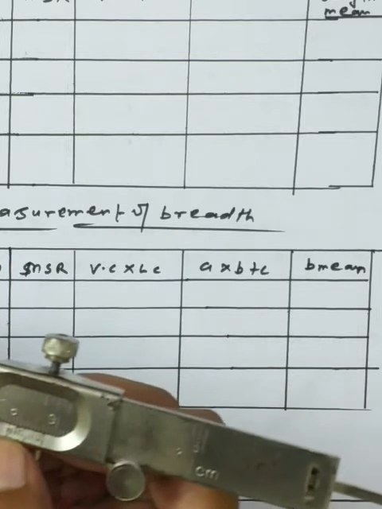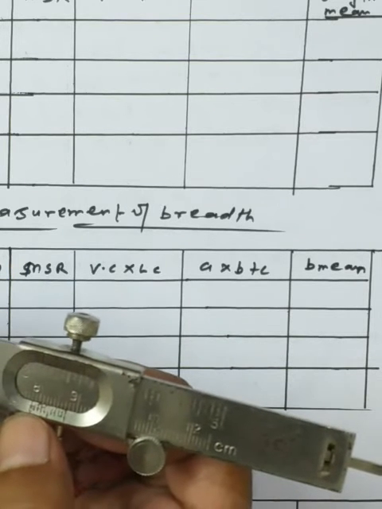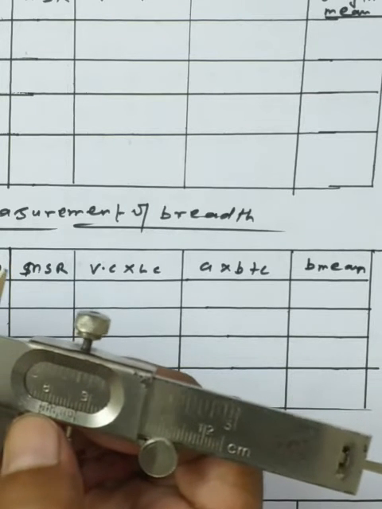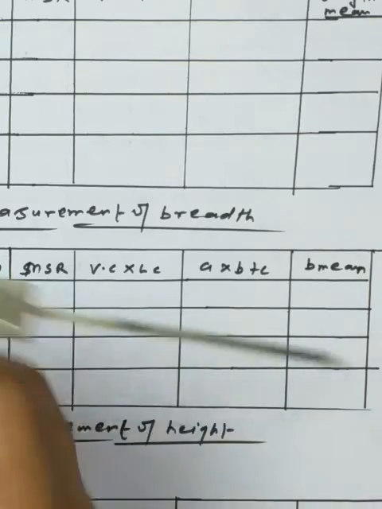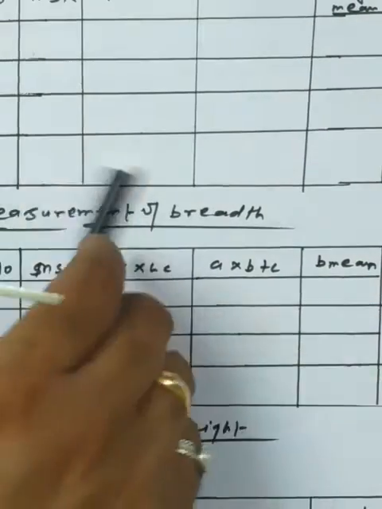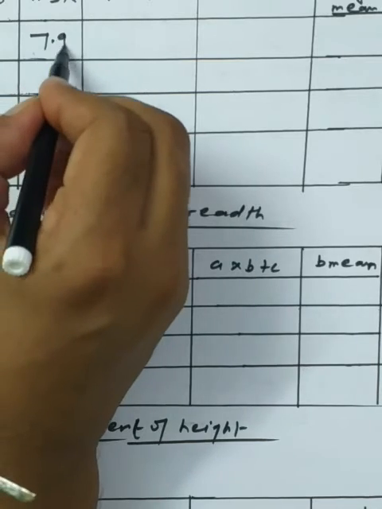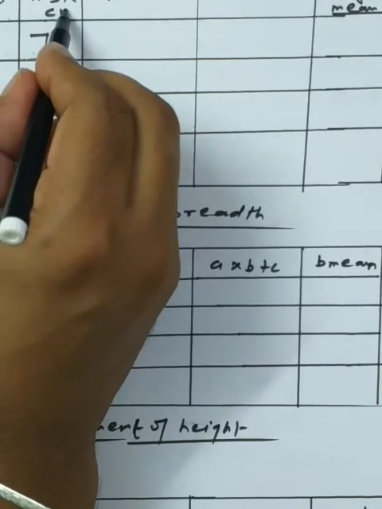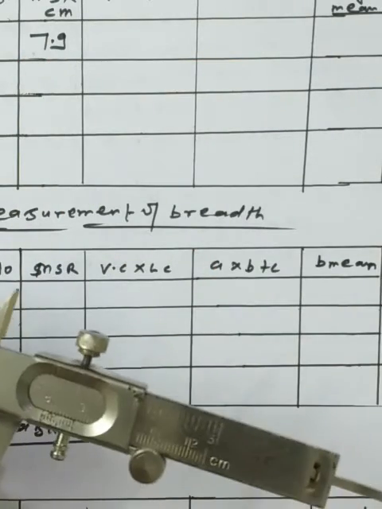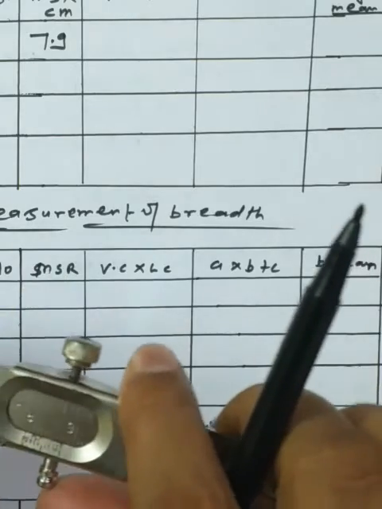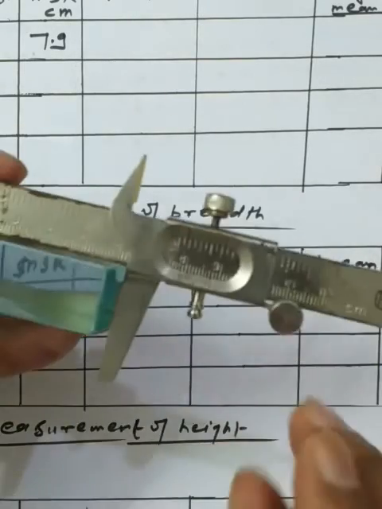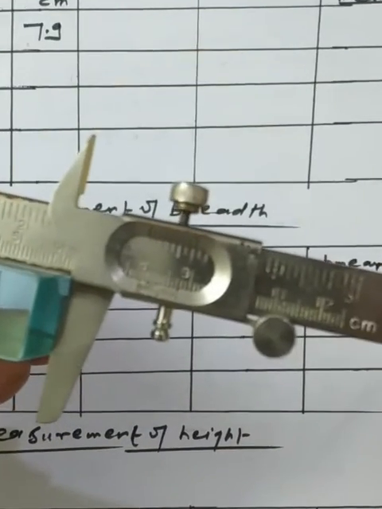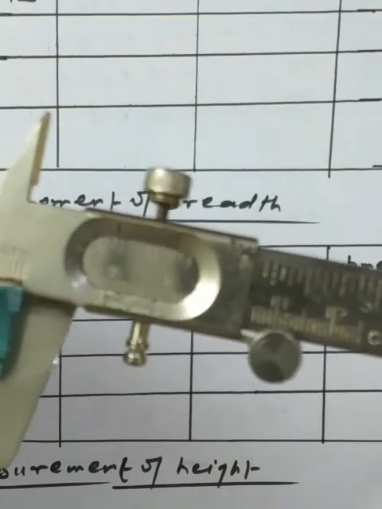So we write the measurement of the length: the first reading is 7.9, and it is in centimeters. Now the next portion we want to discuss is the vernier constant.